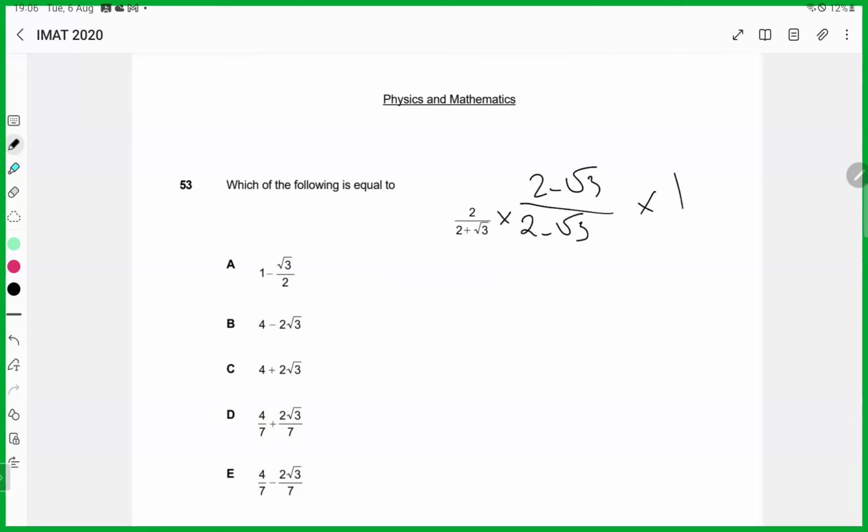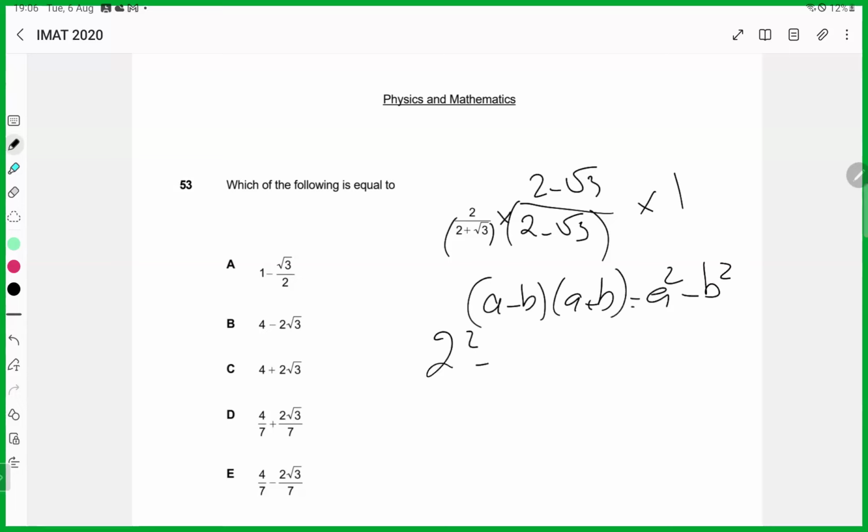So then 2 plus radical 3 times 2 minus radical 3, okay, I forgot the name, but this ends up with a minus b times a plus b, which ends up with a square minus b square. So 2 square minus radical 3 square ends up with 4 minus 9.